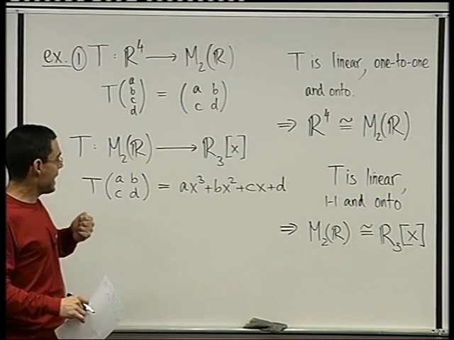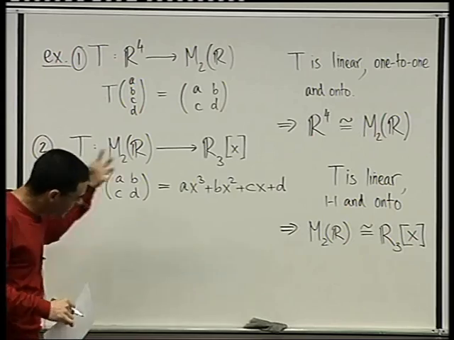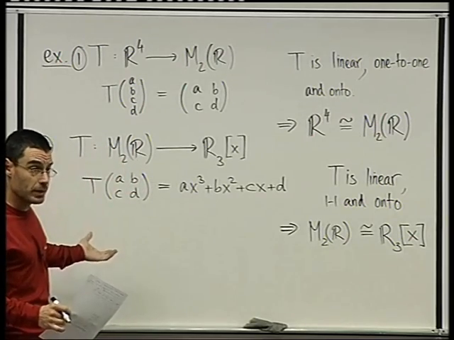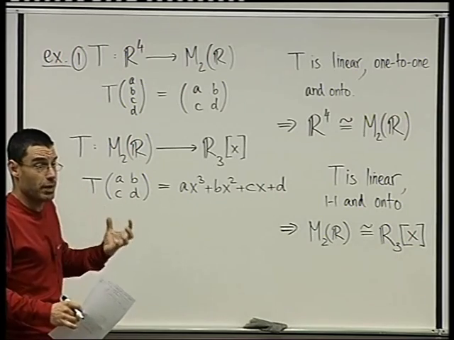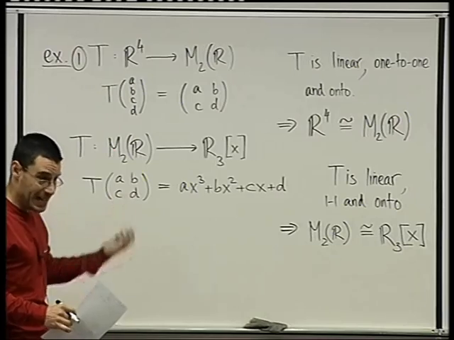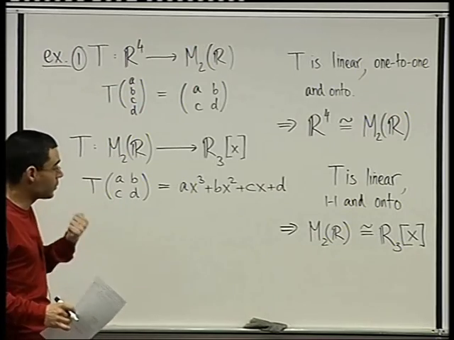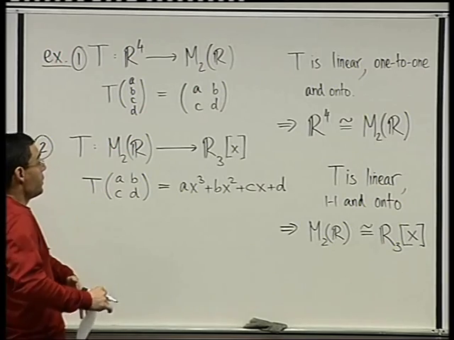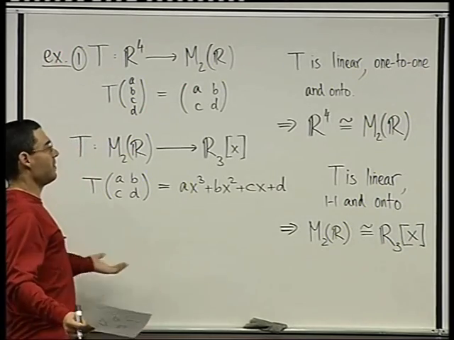Okay? And as far as linear algebra can see, they're the same. Okay? Their linear algebraic structure, their vector space structure is exactly the same. That's what the isomorphism means. Okay? Once you go beyond, they may be very different.